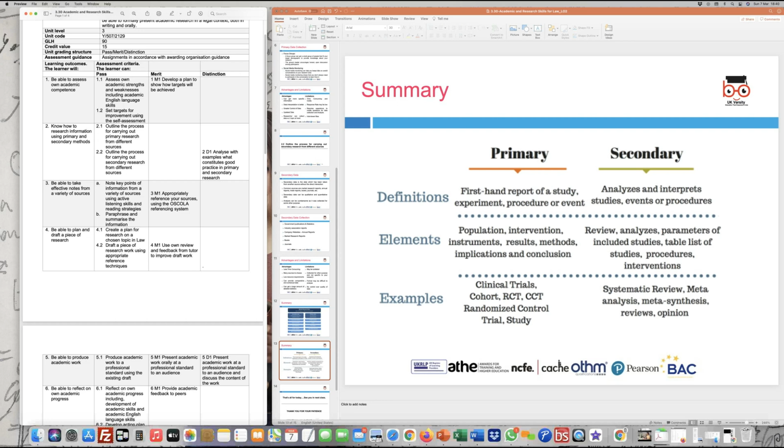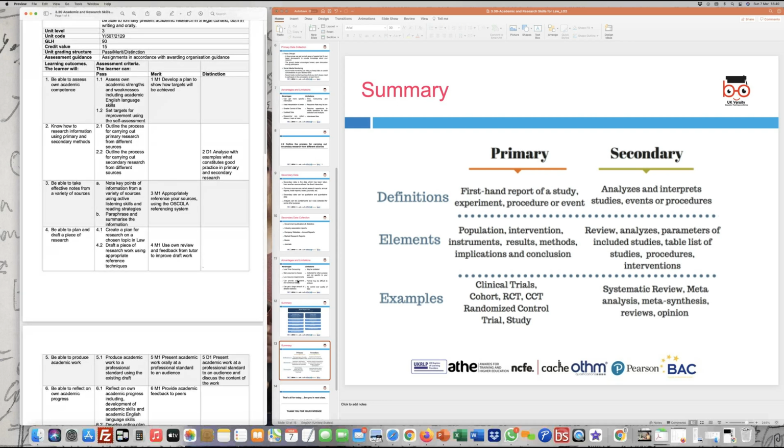So research is an important topic, or an important science essentially, and in the context of this unit, what we want to understand is what are primary sources of data, what are secondary sources of data, and in what circumstances do we do primary research, and in what circumstances do we do secondary research.